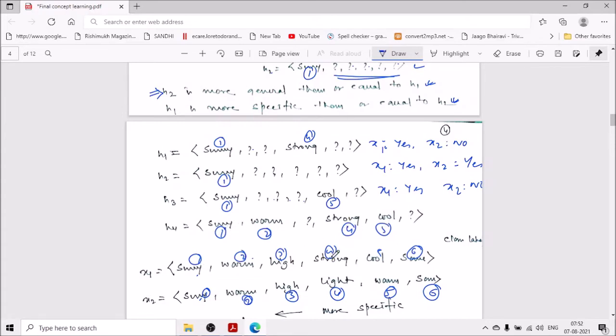For H4, X1 is yes. For X2, sunny, warm, light and warm, so X2 is no. So we can say H2 is the more general one, but the remaining hypotheses give different answers.